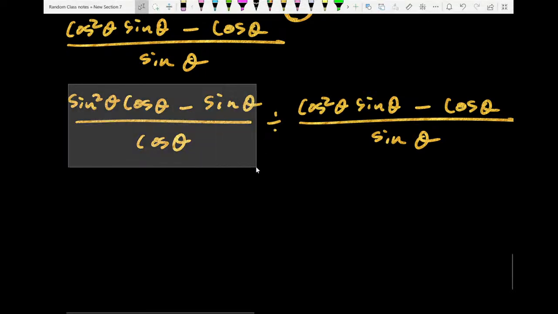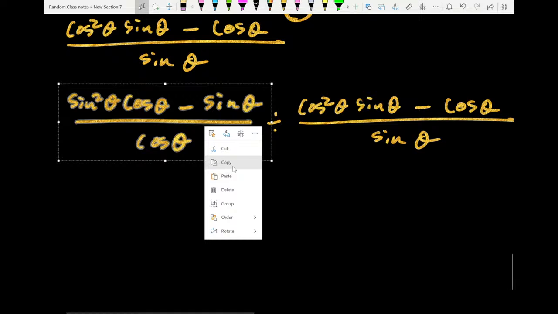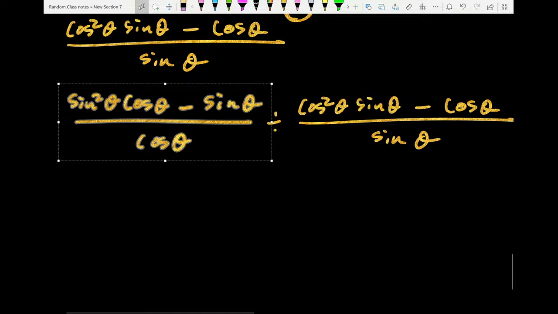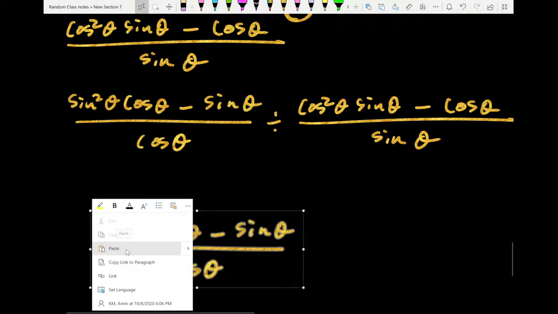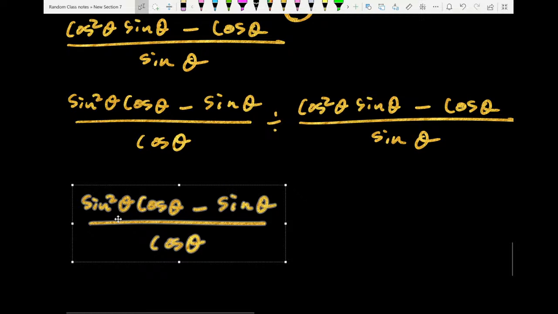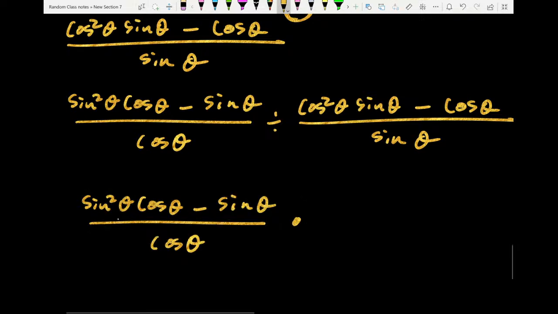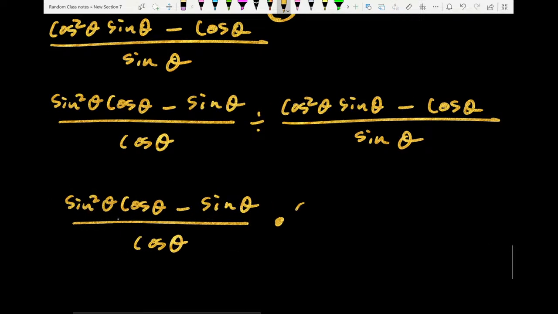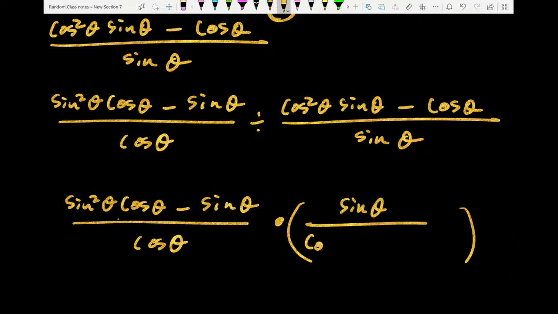You just multiply by its reciprocal. So this becomes sine of theta over cosine square of theta, sine of theta minus cosine of theta.